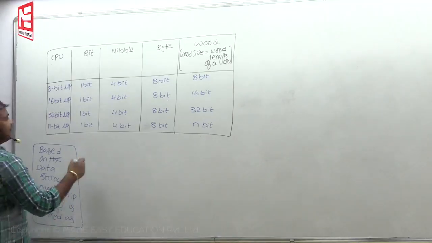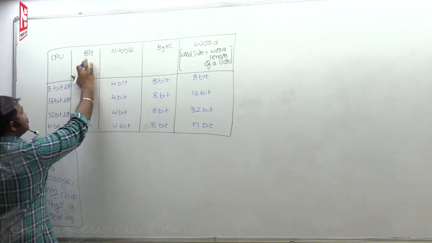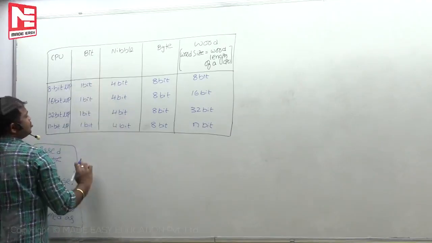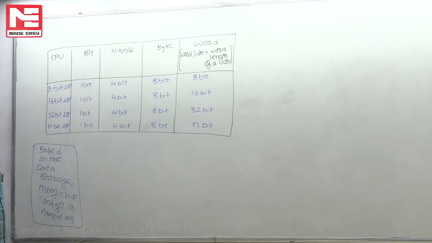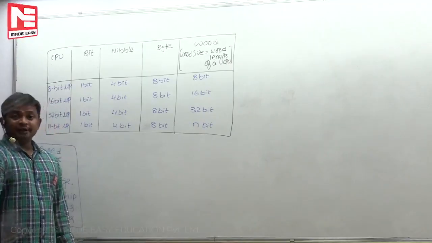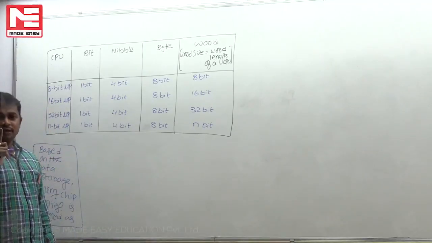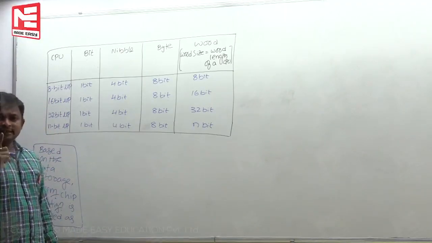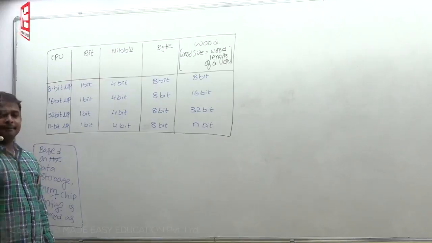Now see this. First thing, bit data. Suppose when we are going to store the data into the memory in a bit format, then design every memory cell size with 1 bit storage space. That is called as bit addressable memory.